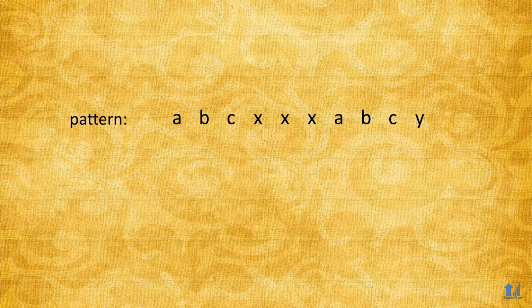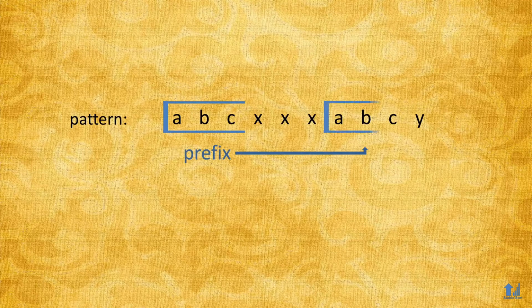Let's take a look at this more carefully and develop a more general solution that doesn't hinge on just the first character being unique. For the next example, we'll use a different pattern string, ABC, XXX, ABC, Y. Before doing any matching, the algorithm prepares a separate array that stores the length of the longest prefix that occurs throughout the pattern string.